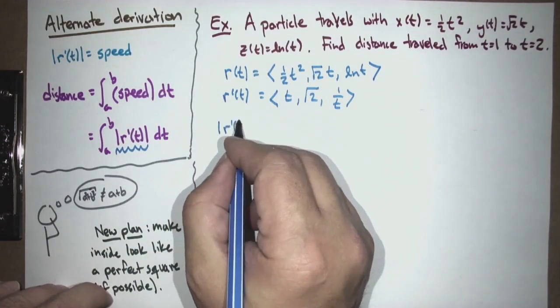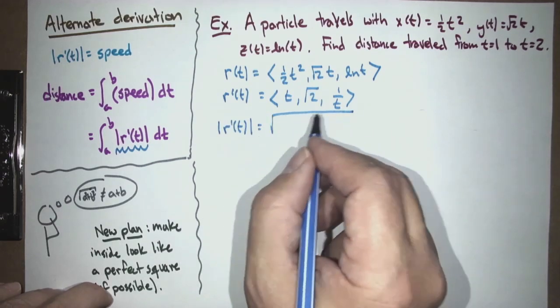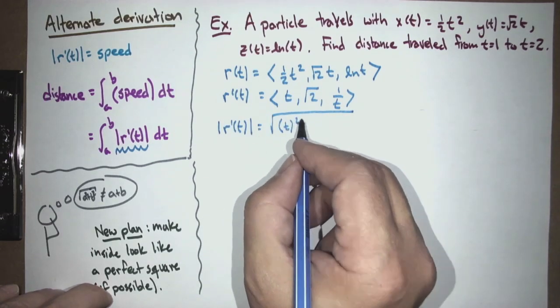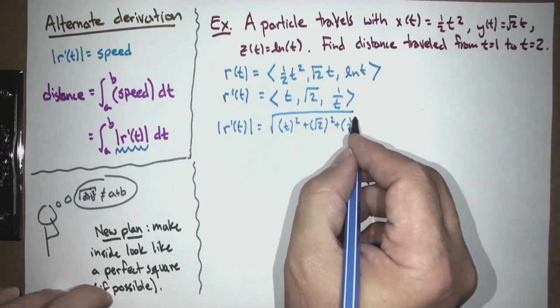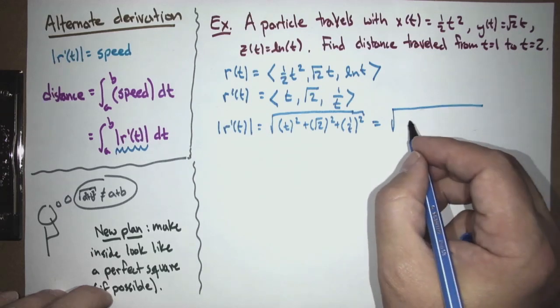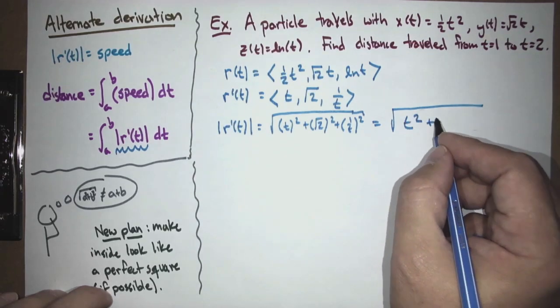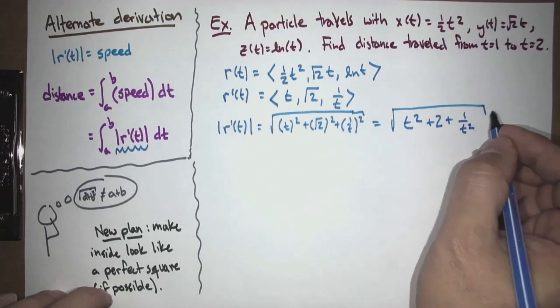This is the hard part. It's the square root of the first entry squared, the second entry squared, and the last entry squared. So that's the square root of t squared plus 2 plus 1 over t squared.